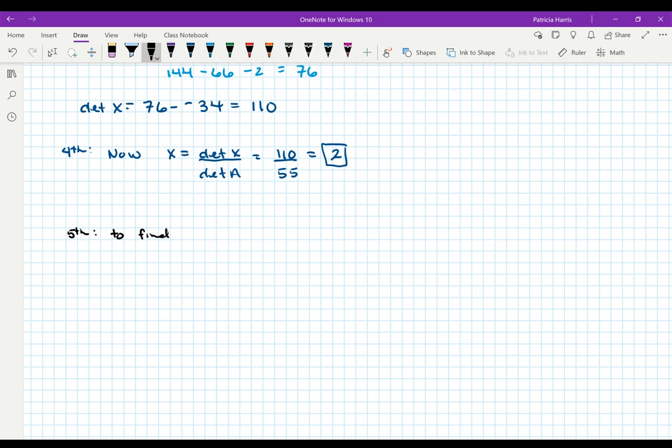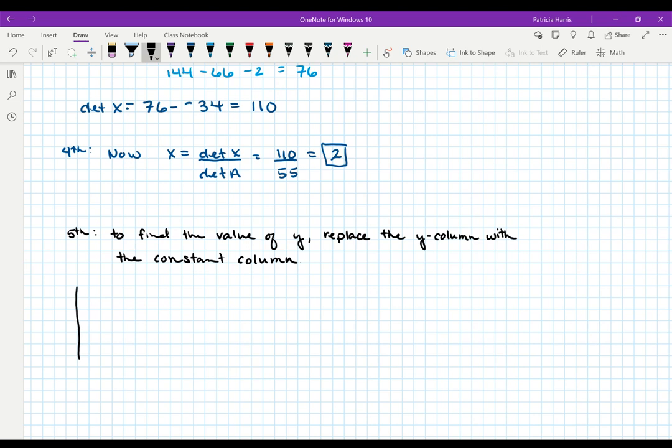So to find Y, put your x column back. Okay, there's our original x column.